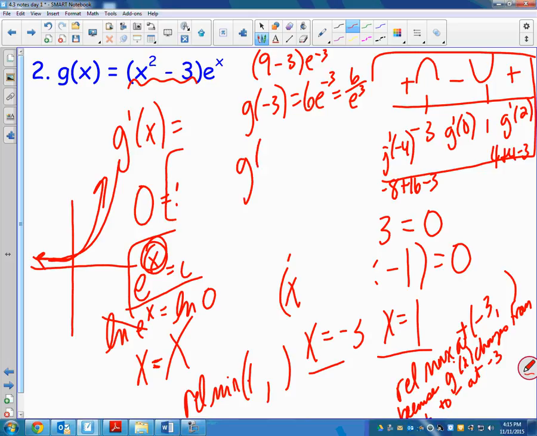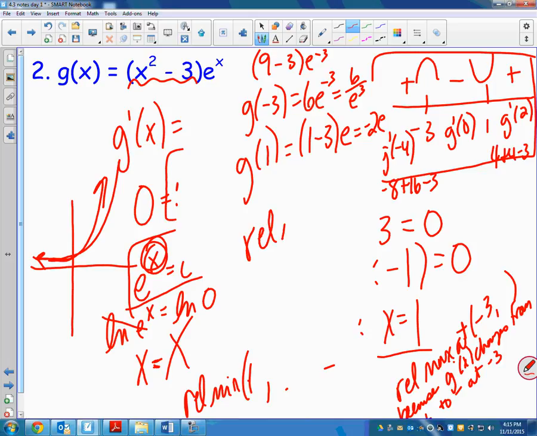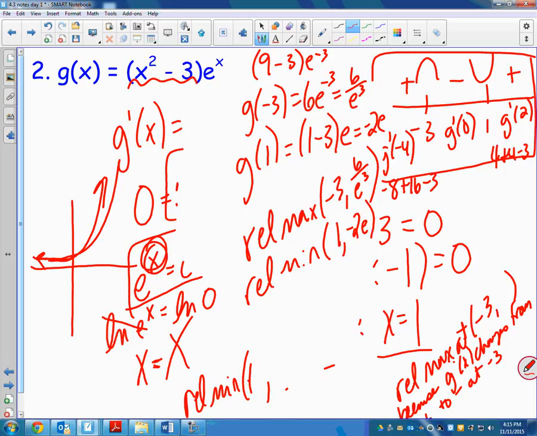And g of 1 would be 1 minus 3 times e, or just negative 2e. So we could say relative max at negative 3, 6 over e cubed, and relative min at 1, negative 2e. So we're going to see e a lot, so hopefully we'll get a lot more comfortable with it. I know that's kind of a mess, but hopefully that makes sense.